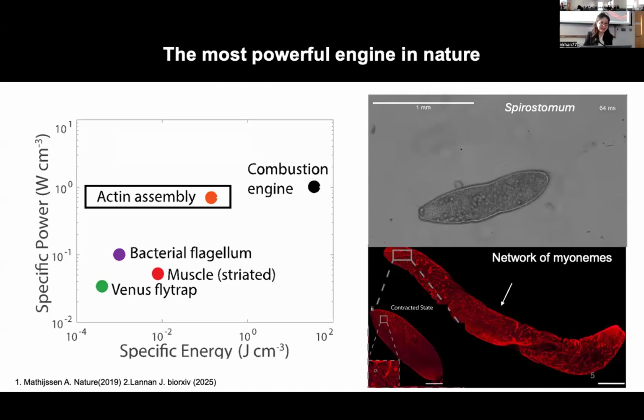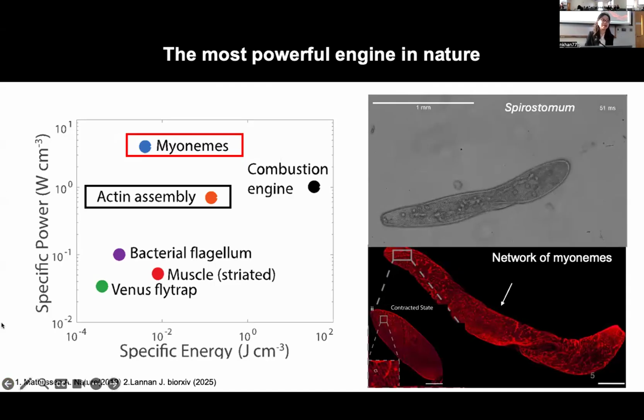More exciting, we found that the myonemes are much more powerful compared to the actin or the motor system I described in the earlier slides. It is even more powerful than the combustion engine we made.